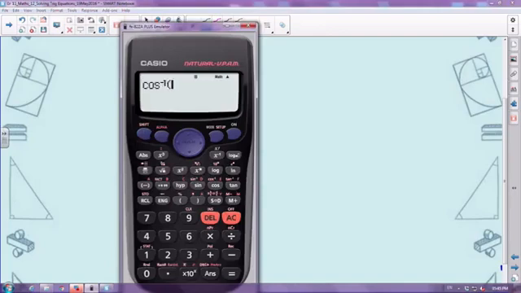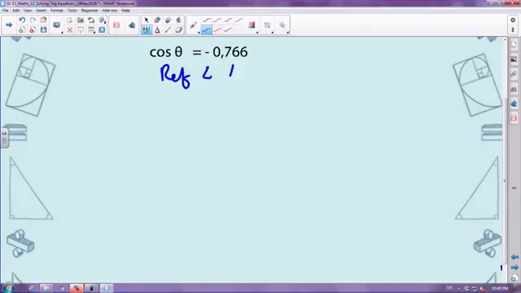Second function, cos 0.766, and that is roughly 40. Let's just take it as 40 degrees, 40.00. Okay, now, so I've got my reference angle. Then now I go to this negative.